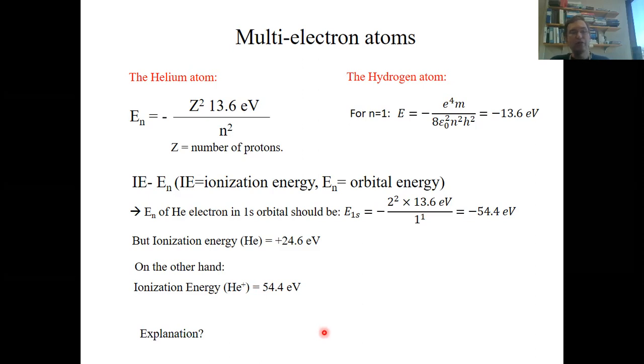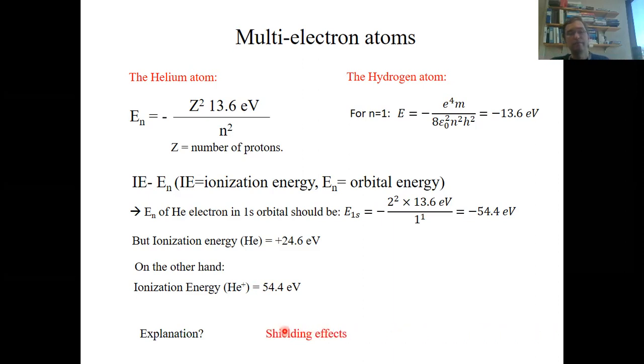So of course, now these electron-electron interactions are repulsive. The electrons repel each other, and for that reason, the binding energy for these electrons is less. Okay, and that means also that the orbital energy is less when we're considering 2 electrons and the electron-electron interactions.